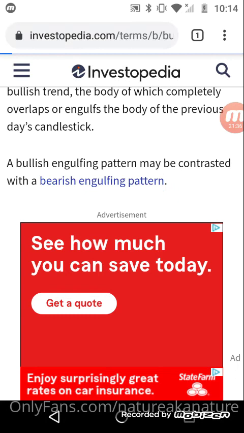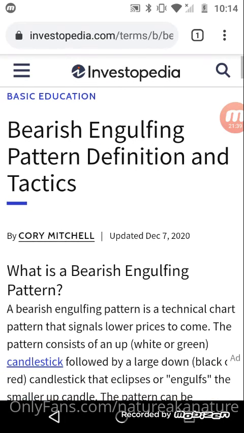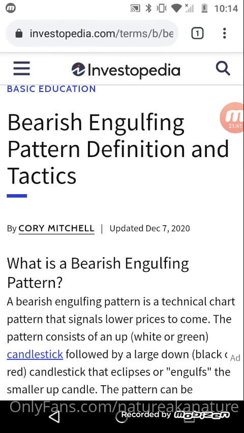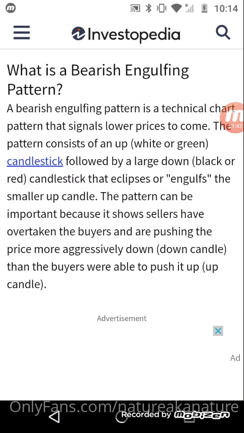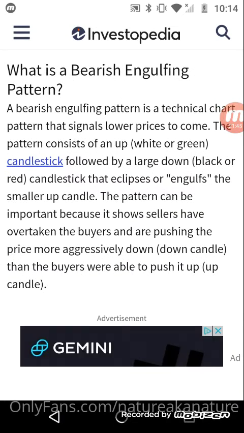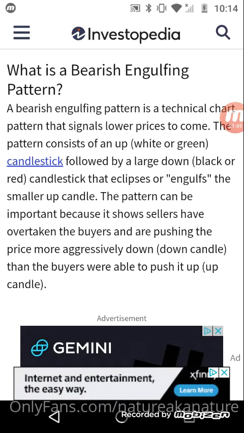So you'll see a small up candlestick, meaning the price was going up but the candlestick is smaller than it was the day before, and then you see a large red or black candlestick engulfing that small green candlestick. Definitely a reversal pattern is coming.